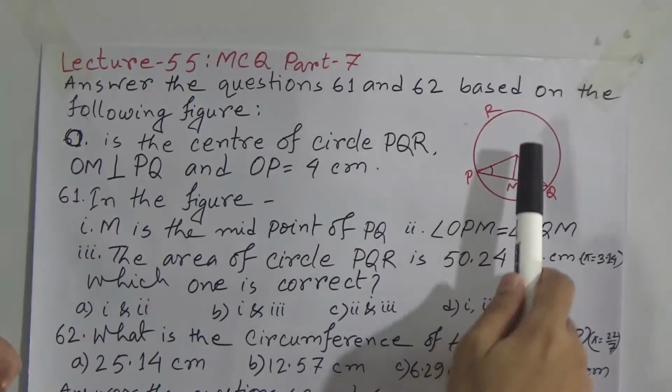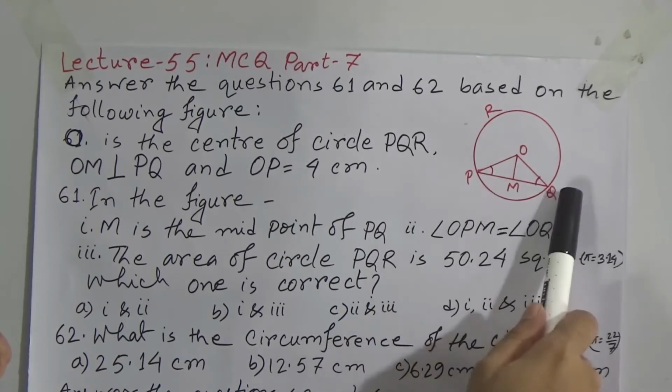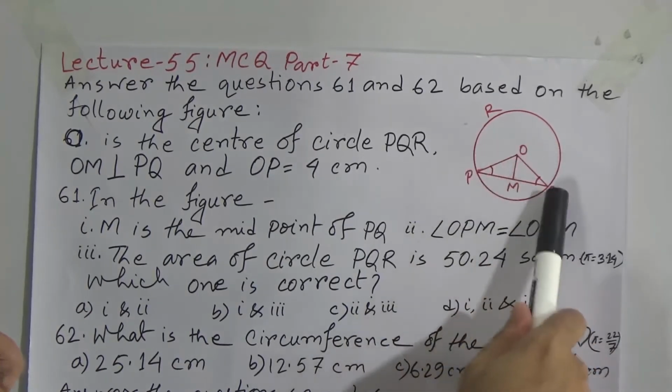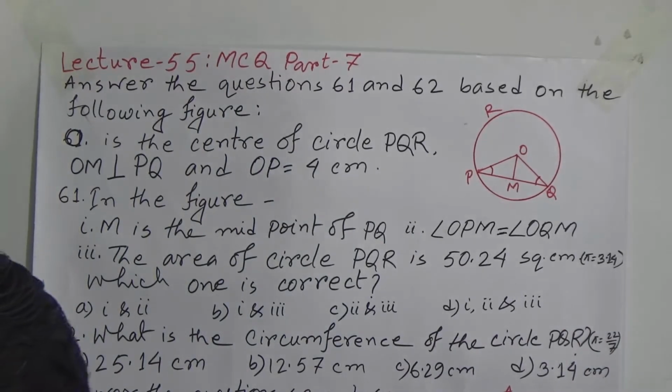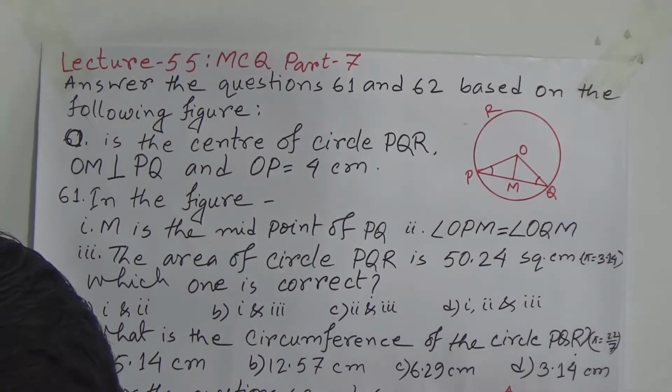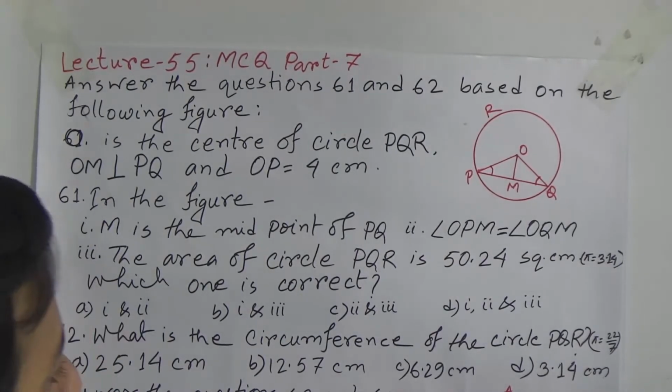Suppose OPQ is a triangle and OP and OQ are equal, as these are the two radii of the circle PQR.